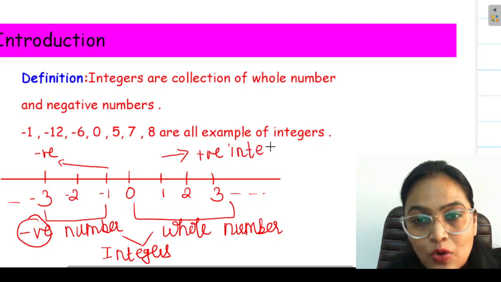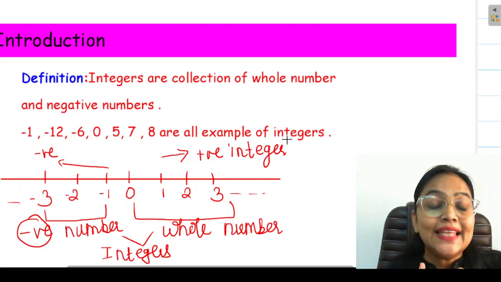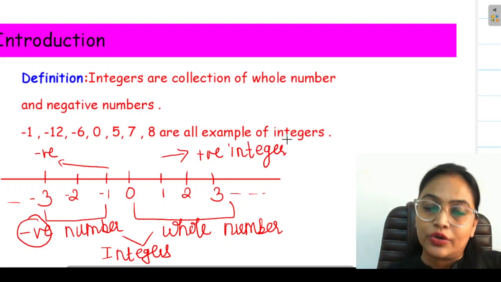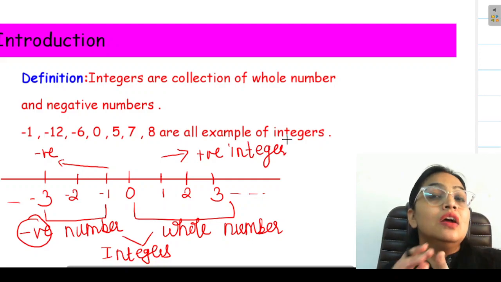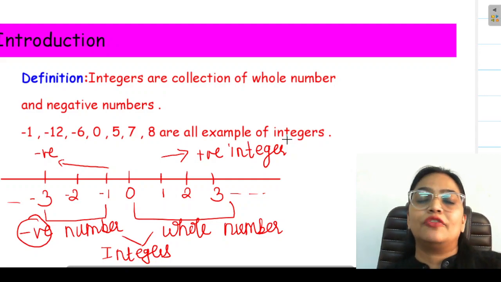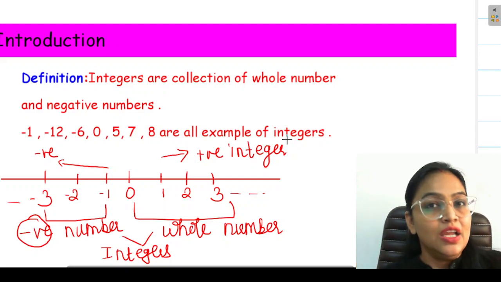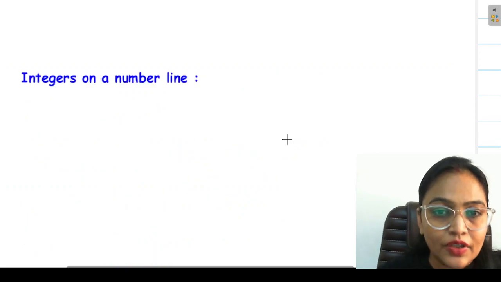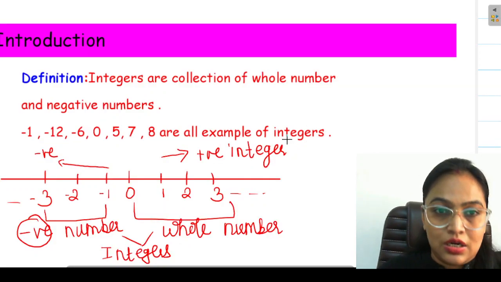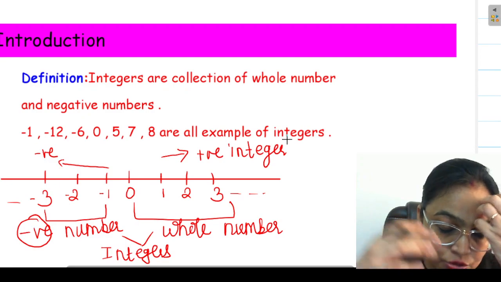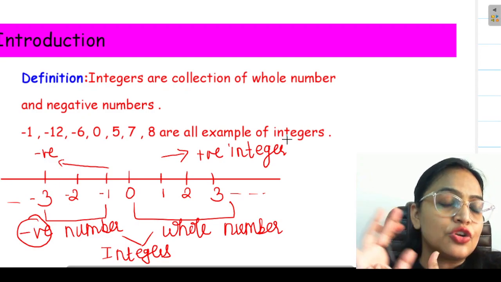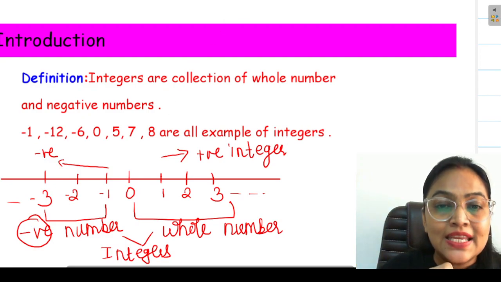Now, what about 0? So 0 is neither positive nor negative. Okay, always remember 0 नहीं तो positive है, नहीं तो negative है, कुछ भी नहीं है 0. Okay, 0 is neutral.